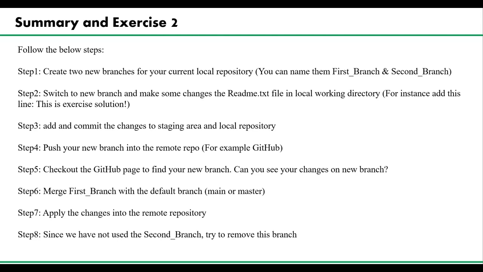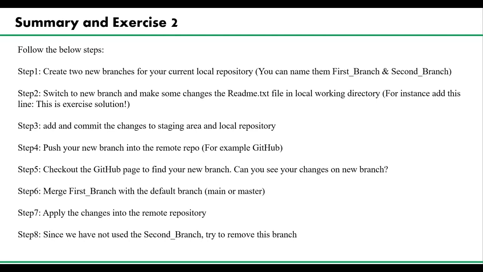If you remember, when you're pushing your new branch into a remote repository, for example, GitHub, you don't need to push the changes again because it's already there. When you push the branch for the first time, it pushes all the changes with it. But for the second time, if you want to make some changes, we need to push those changes separately because there's no new branch to push.